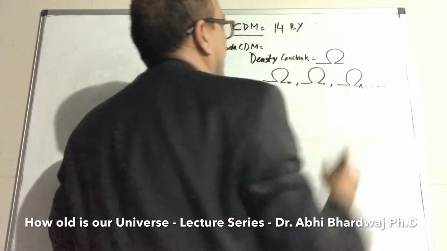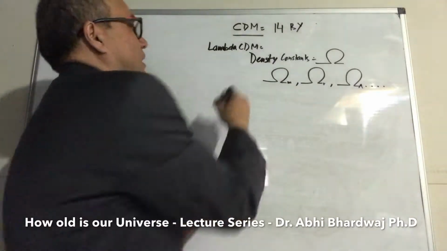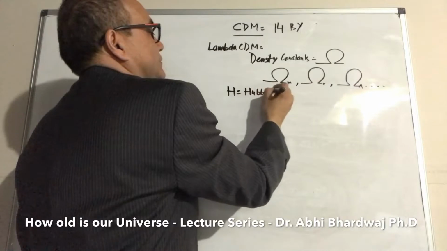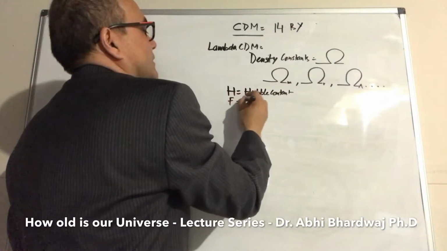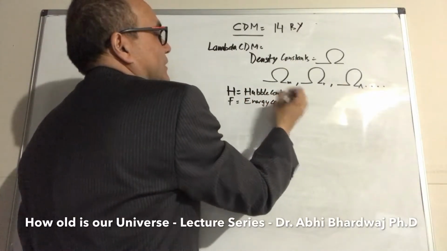So different types of constants, and they also looked at other constants like Hubble. So H is the Hubble constant, and then F is the energy constant.